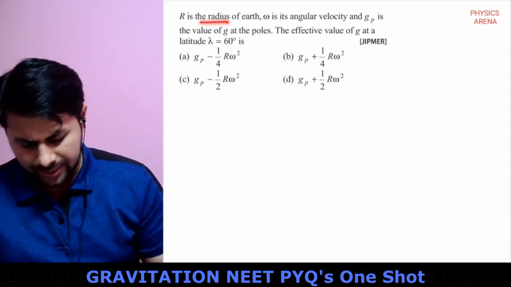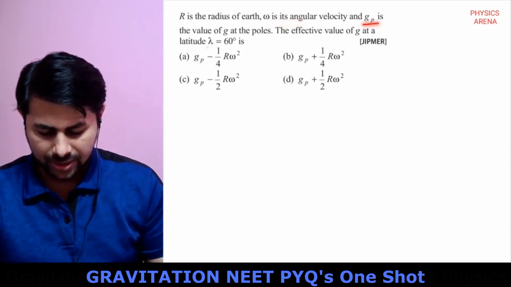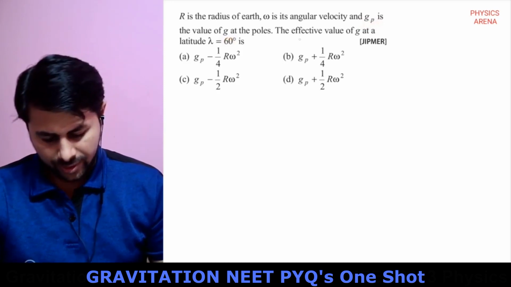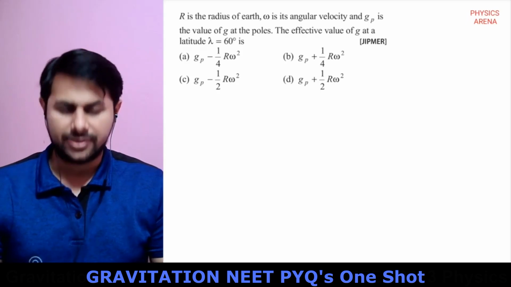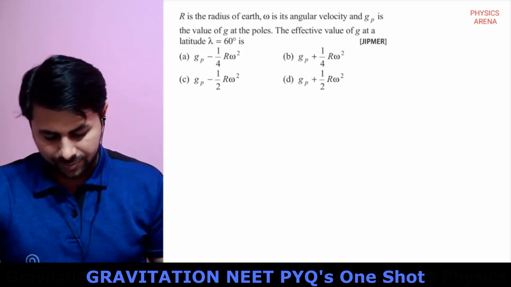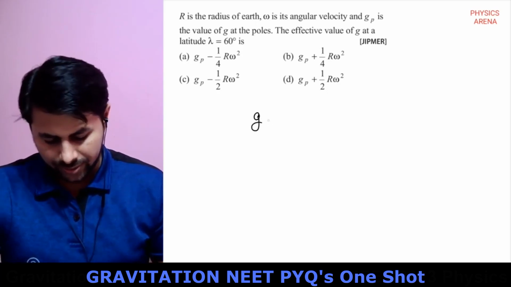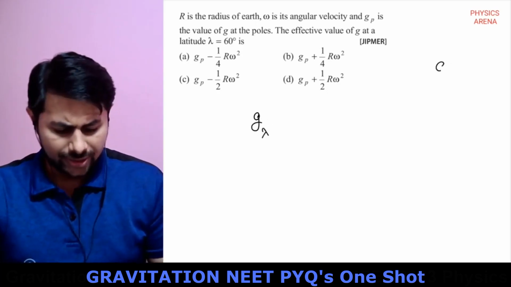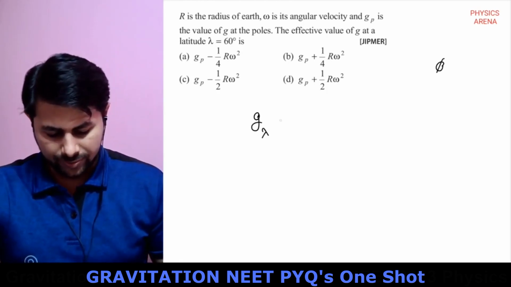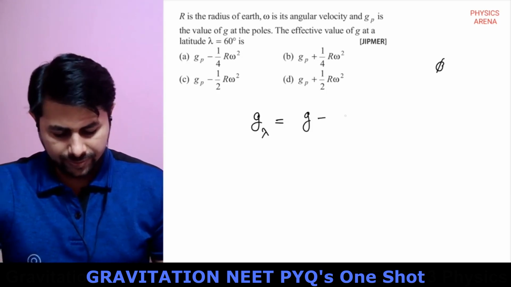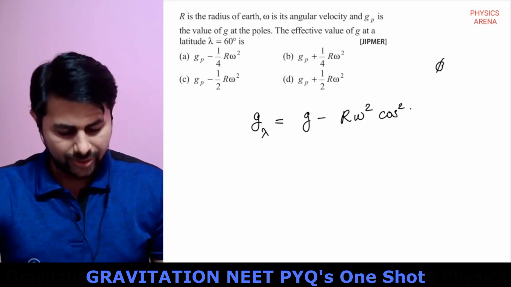R is radius of Earth, omega is its angular velocity, and gp is the value of g at poles. The effective value of g at the latitude lambda equal to 60 degrees is... So what is the effective value of g at latitude lambda? We denoted latitude by phi, they are denoting it by lambda. So it is equal to g minus r omega square cos square lambda.